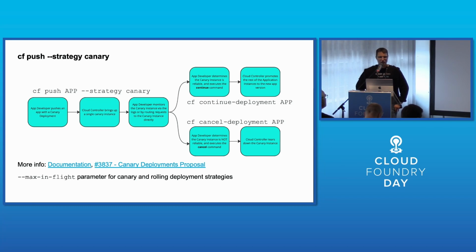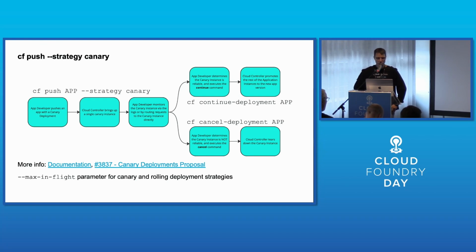A new CF push strategy has been added. In the very beginning, when you pushed a new application and updated it, it involved a downtime. That was the standard for a long time, and you had to script around it and use CLI plugins to use a blue-green deployment. Then with the V3 API, a rolling strategy was added that allows a zero downtime update of applications.